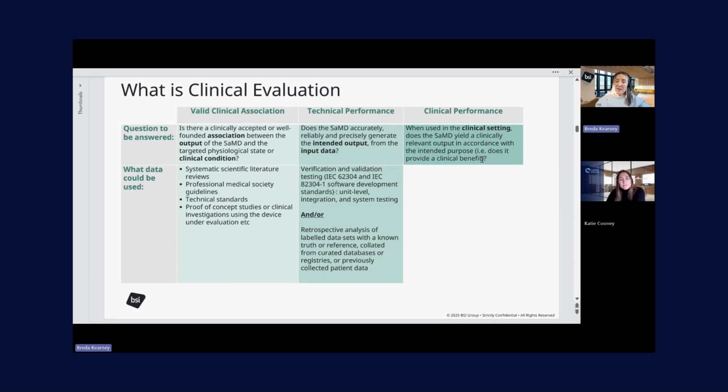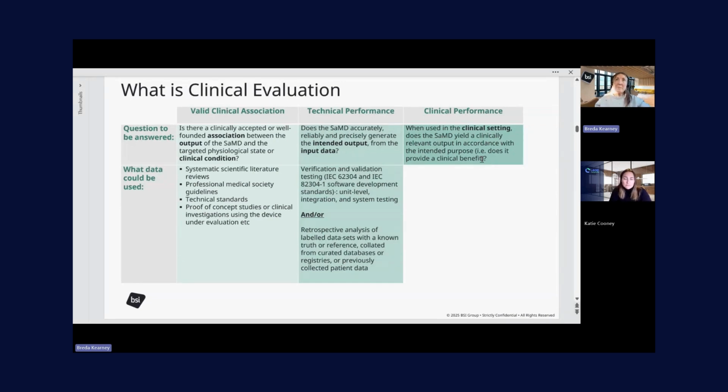Another way of doing it, or in addition, is retrospective analysis of labeled data sets. So if you already have, let's just say, images or data with a known truth, so you already know what the output is supposed to be, or it could be references, or you could have data from a curated database or a registry.